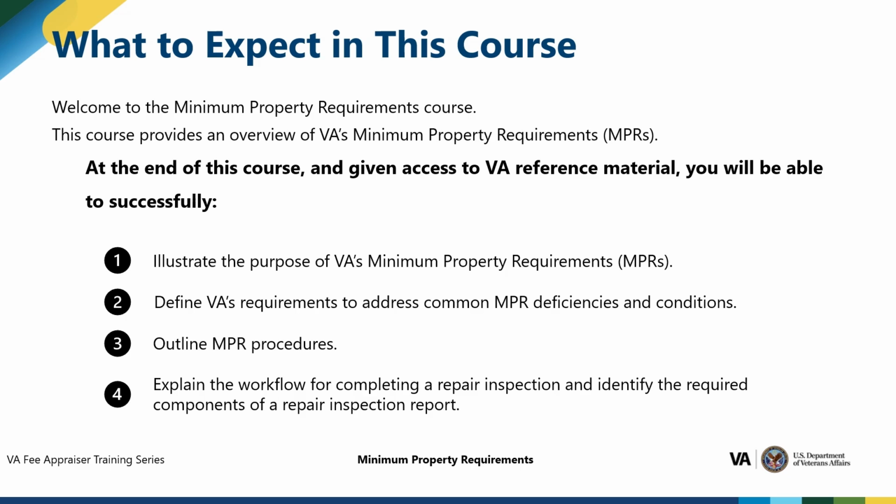Illustrate the purpose of VA's minimum property requirements, MPRs. 2. Define VA's requirements to address common MPR deficiencies and conditions. 3. Outline MPR procedures. 4. Explain the workflow for completing a repair inspection and identify the required components of a repair inspection report.